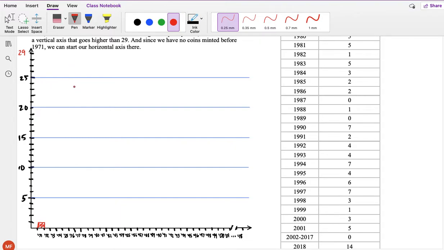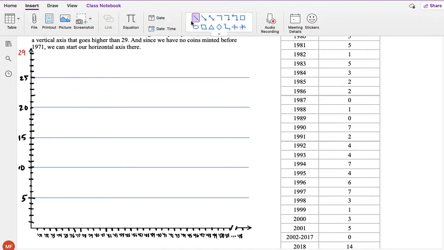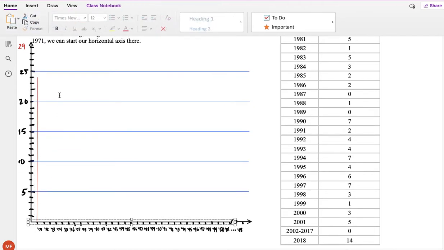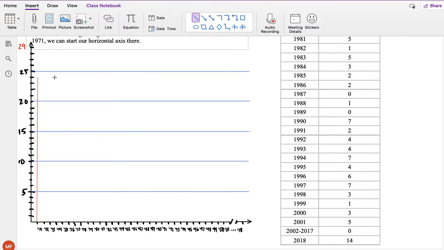So what I'm going to do is use some lines here to make this easier. So I'm going to take this line here, and then I'm going to do the same thing here. Oops, I gotta tell it I want to do another one.